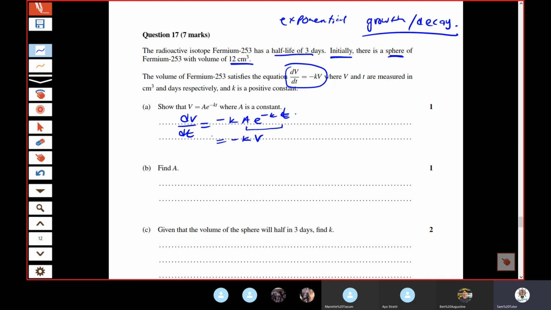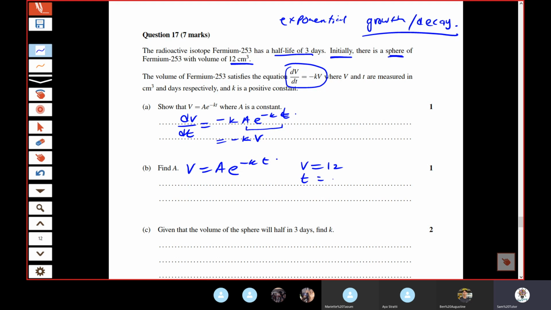Find A. Now we know the formula. Who can remember how to find A? What's our method to finding A? Subbing in what we have. Yes, can you tell me what you mean by that? So instead of V, we put in 12. Correct, and instead of t, we put in?